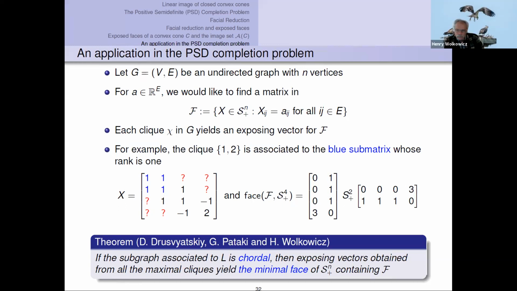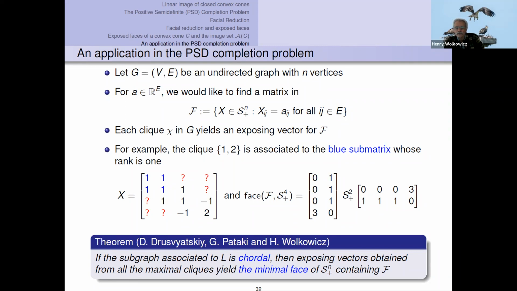Well, it depends. For positive definite completion, you have to start with all the principal minors being positive definite. And it depends on what embedding dimension you start with. If you don't have the right embedding dimension, then you can't complete to a higher embedding dimension, because you're stuck before you start.